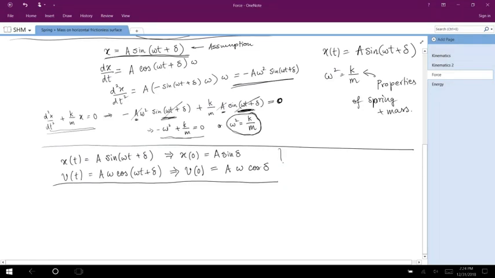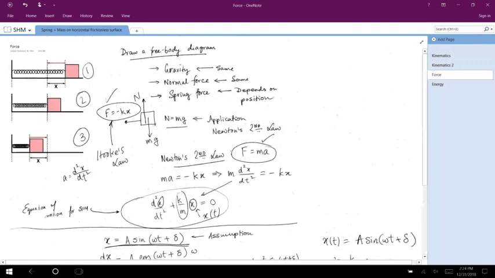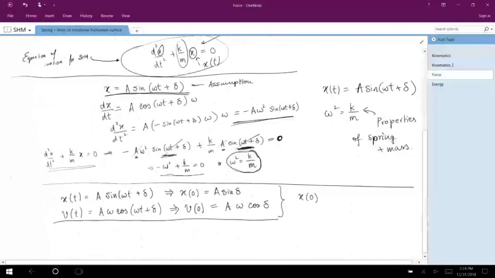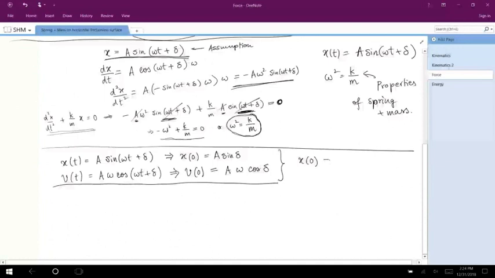But we know both of these quantities, x of 0 and v of 0. X of 0 is simply the maximum value of x that we started off with. So x of 0 is this length over here, which we can call x max or x of 0, whatever you like. So we will call it x max over here.